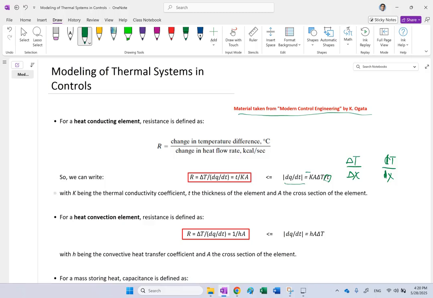Here A is the cross section of the material, T or delta X is the thickness of the material along which there is a temperature gradient, and K is what we call the thermal conductivity coefficient, which depends on the material itself.